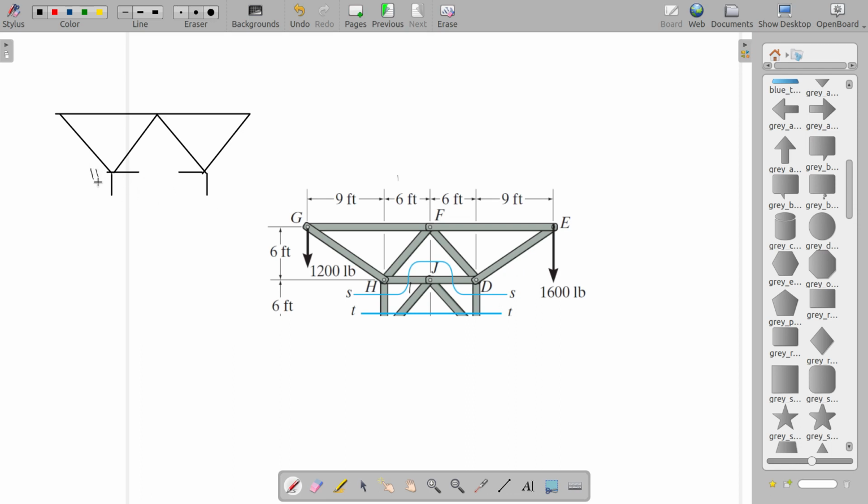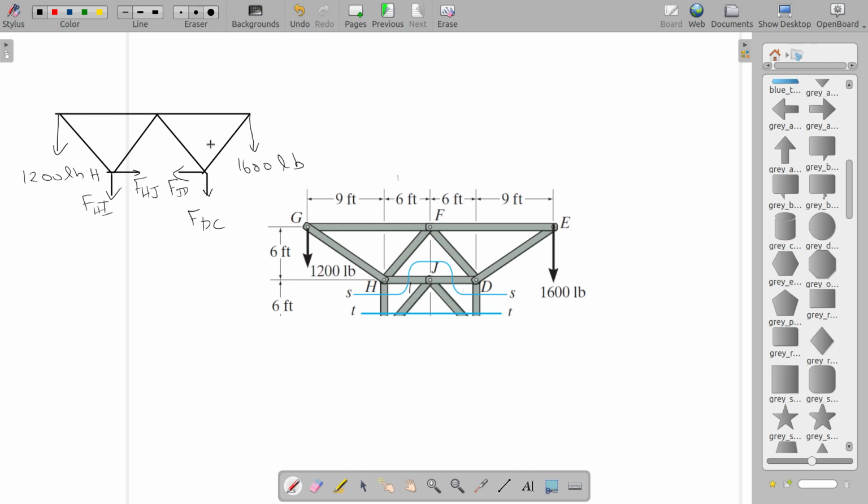So you have HI here, so this is F_HI, and this is F_HJ, and this is F_JD, and this is F_DC. So unknowns. Here you have 1,200 pound. Here you have 1,600 pound.